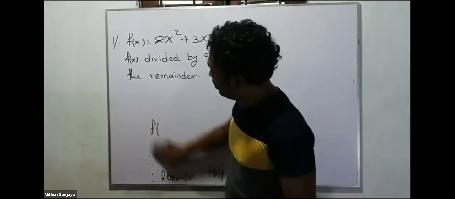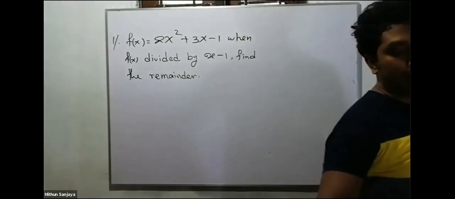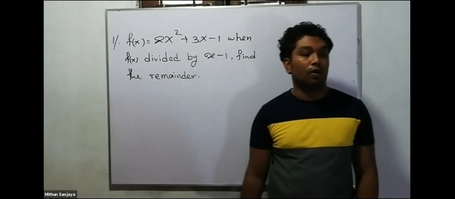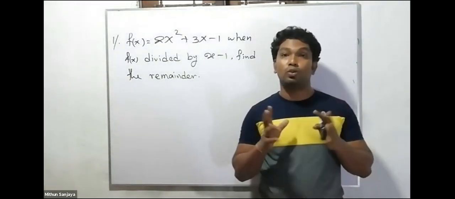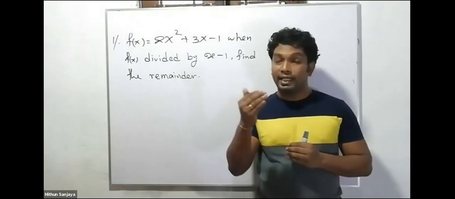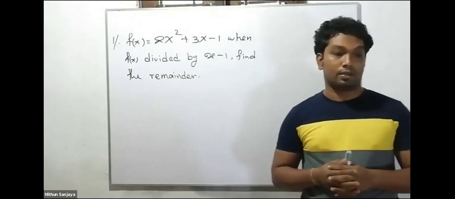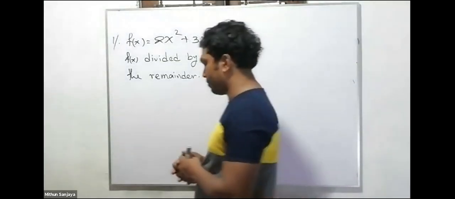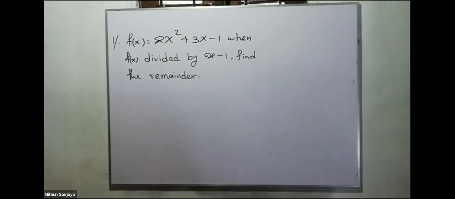Now we need to know which steps we need to write in the examinations, because otherwise we can't get the full marks. You need to know how to write the right answer to get full marks. Let's see. Now I write the first answer. You need to follow that.